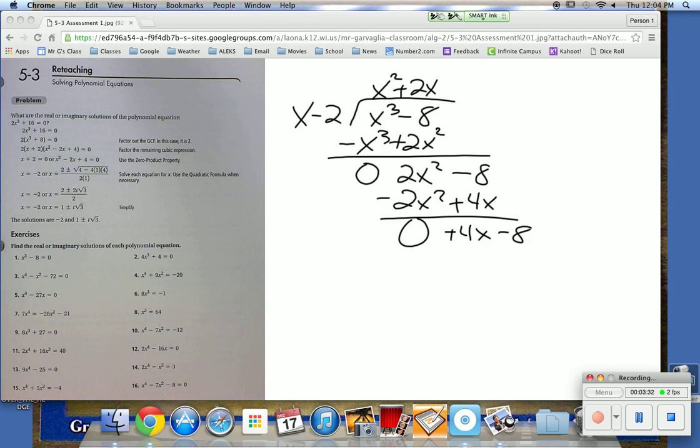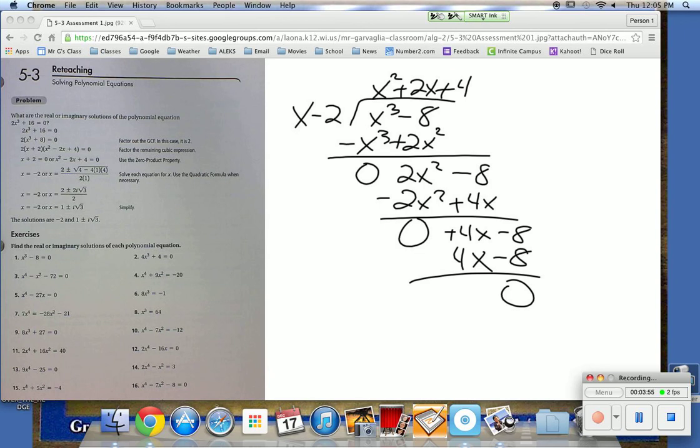Now what do we have to multiply x by to get 4x? What do we multiply x by to get 4x? 4, right? So we plus 4 here. 4 times x is 4x. 4 times negative 2 is a negative 8. Bam, we reach 0.